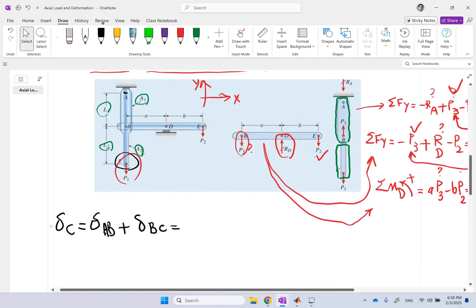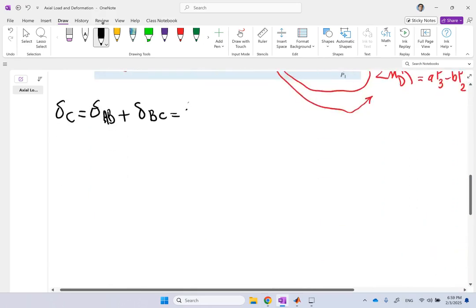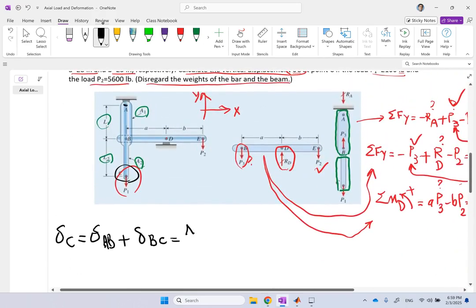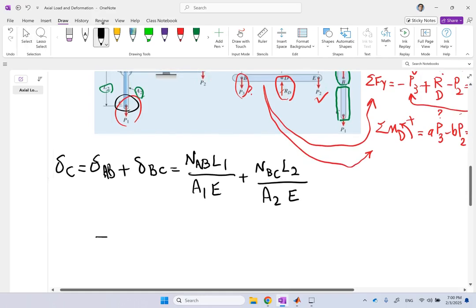Now for member AB, what I need is the force in AB. So if I want to go with this formula, it's going to be N, the axial load in member AB, times length of member AB, which is L1 in this case, divided by cross section of member AB, which is A1, and the Young modulus, which is E. And for the other one, it is going to be the normal force in portion BC, length of it, which is L2, divided by cross section, which is A2, and again the same E. So if I add these numbers together, I should be getting my values.